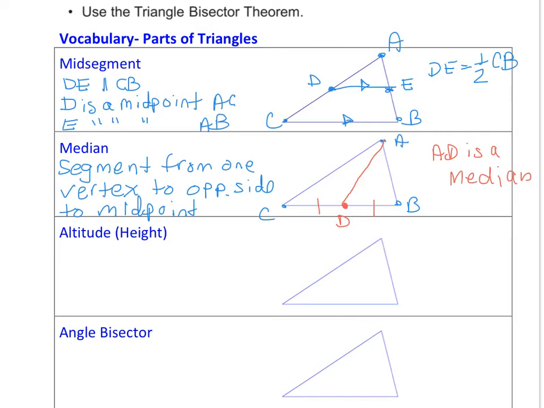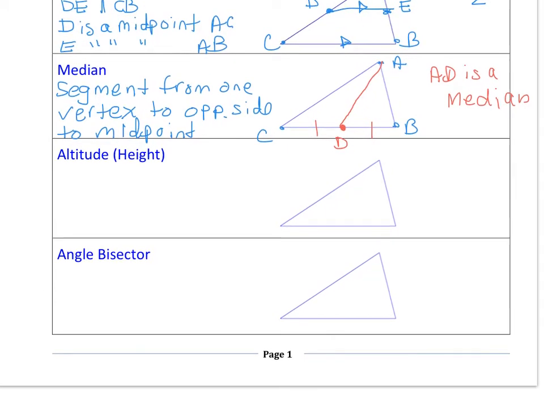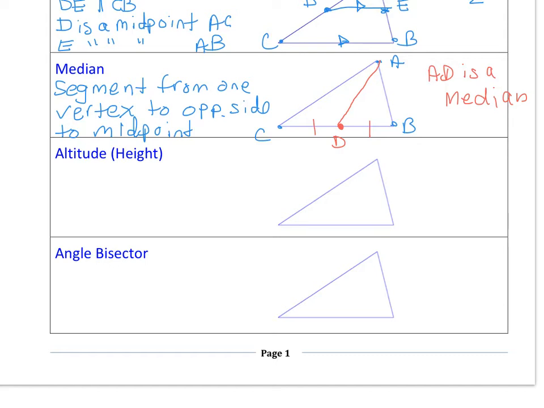Altitude, height. This one you should know very well already. So if I, again, just say A, B, C, the height of a triangle is the perpendicular drop. Comes straight on down. I'm going to erase that because it's messy.